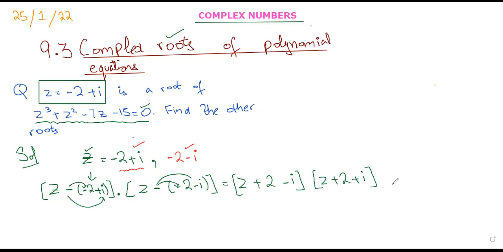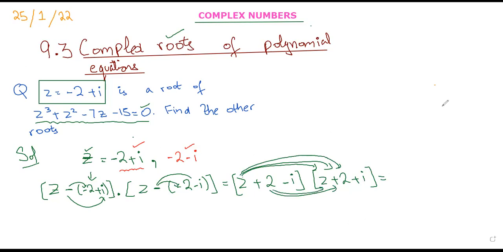Now you have to multiply. Again, it is your choice. Either you can multiply this way, that you do z into z, then z into 2, and then z into iota, and then for 2 you have to do the same steps.